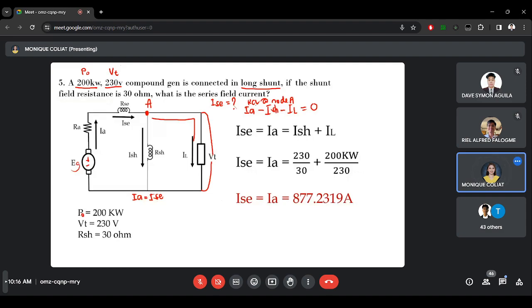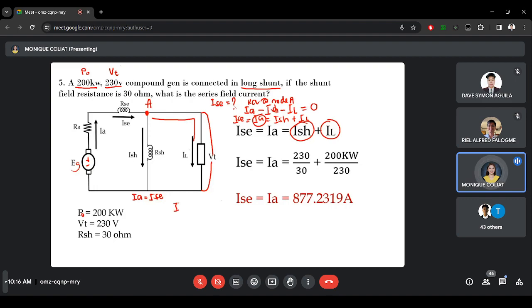Then equate this equation to IA, and that will be IA equals ISH plus IL. And IA is equal to ISE. Then, we have to get ISH and IL. Where can we get that?